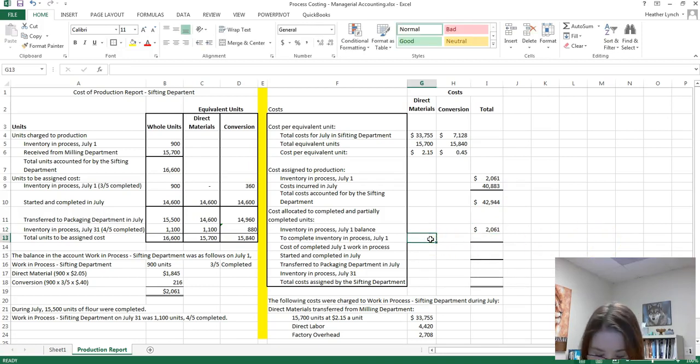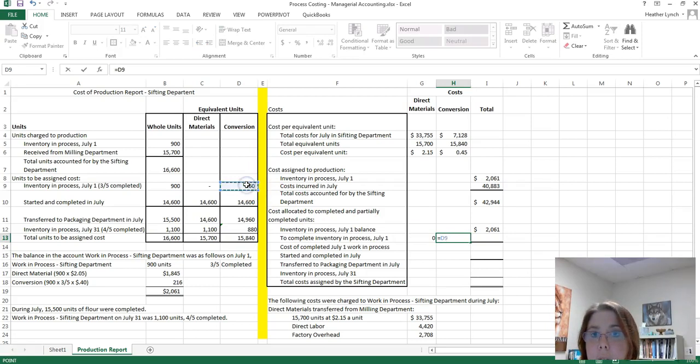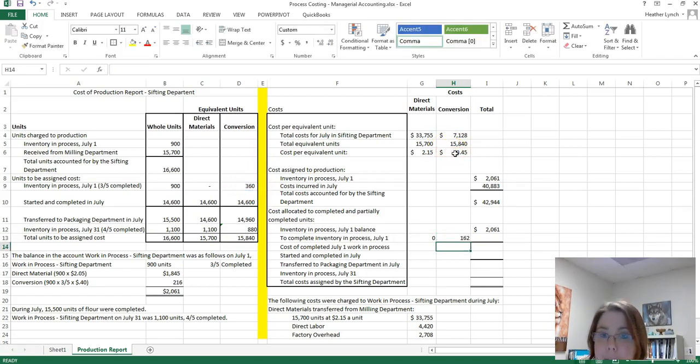Now we needed to complete inventory. Inventory in process, remember over here we had for direct material and conversion, we had some units to complete. Well, we didn't have anything for direct materials, but we did have 360 units for July 1st. So we take that 360 and we multiply it by the 45 cents.